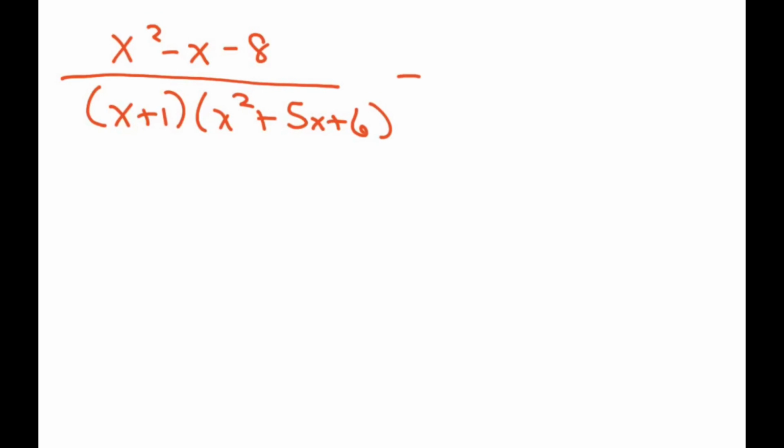And this equals our a, negative 3, divided by x plus 1, plus our b, which was 2, divided by x plus 2, plus our c, which is 2, divided by x plus 3.